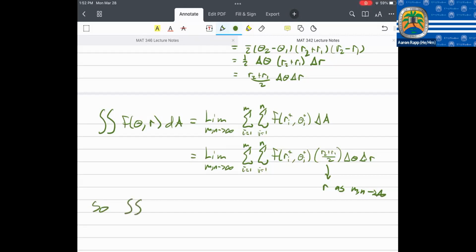So if I'm ever integrating over a polar coordinate region, and I'm integrating with respect to this Riemann sum, so I'm taking these polar trapezoids, so to speak, polar rectangles, and the rectangular prisms, letting them go to infinity, adding them all together.